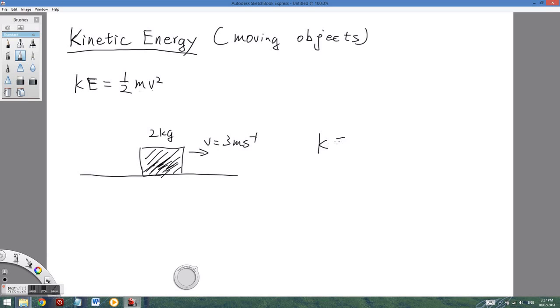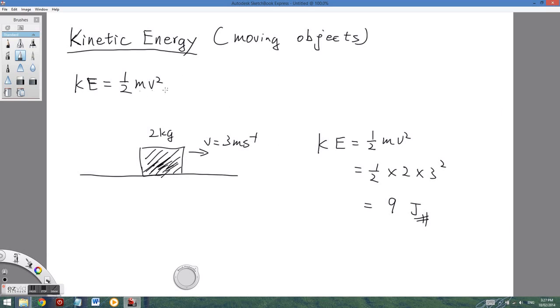The kinetic energy will be just half mv squared. Half times 2, times 3 squared, then you will have 9 joules. The unit is joules.